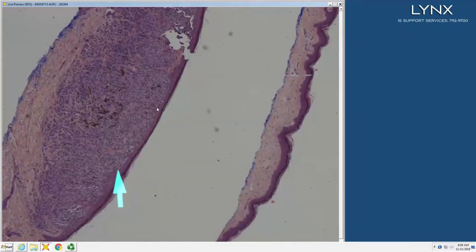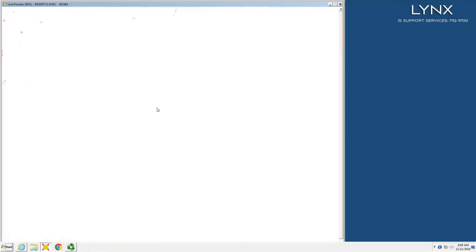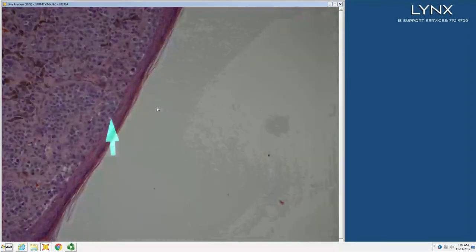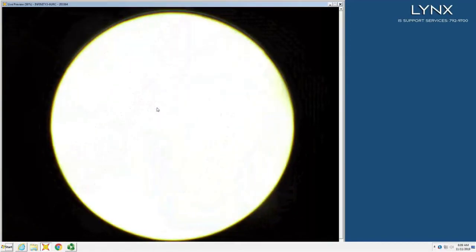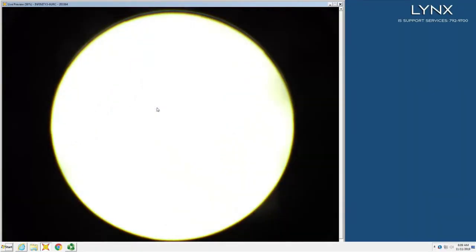There is confluence at the junction. It's not knock-your-socks-off confluence, but it's there. The other thing is when you go higher power, a number of these cells are rhabdoid. So those are all clues to epidermotropic metastasis. They can be very, very nevoid.